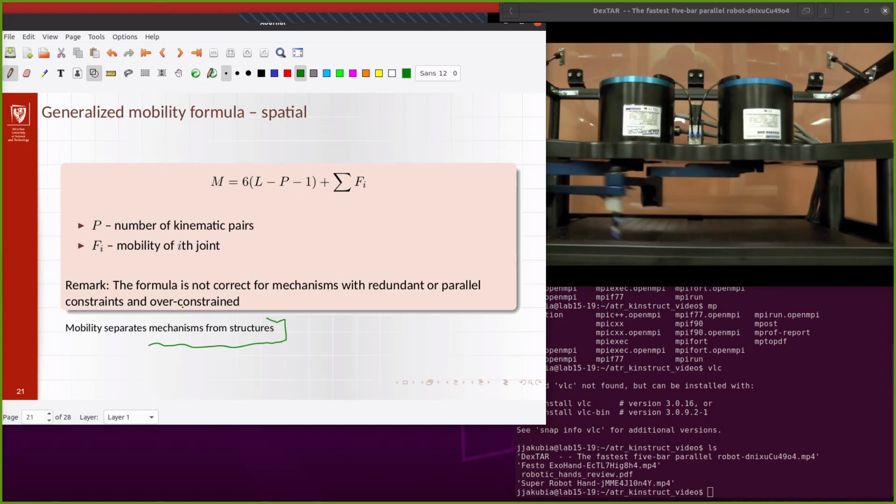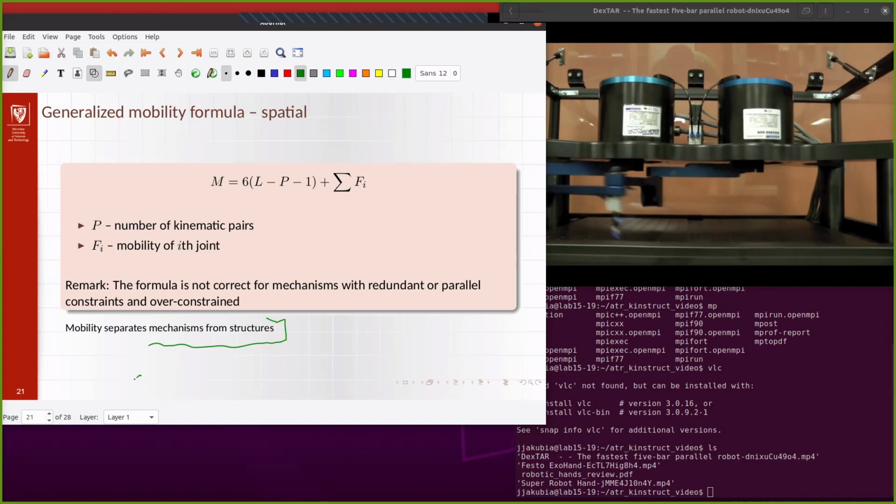A simple difference is that a mechanism has the degree of freedom 1 or more, so it can move, and a structure is something that has joints, but because of the mechanical constraints, it cannot move.